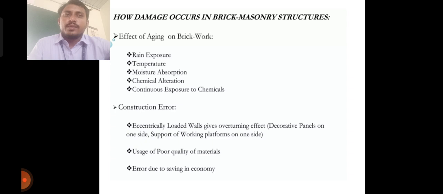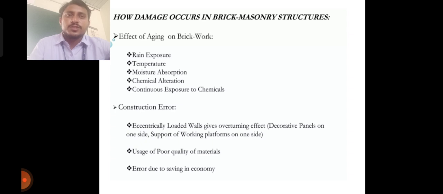Then how does damage occur in brick masonry structures? What are the reasons? Now we have discussed the types of cracks in masonry structures; now, how are those cracks produced? The reasons are rain exposure, temperature fluctuations, moisture absorption, chemical alterations, and continuous exposure to chemicals.